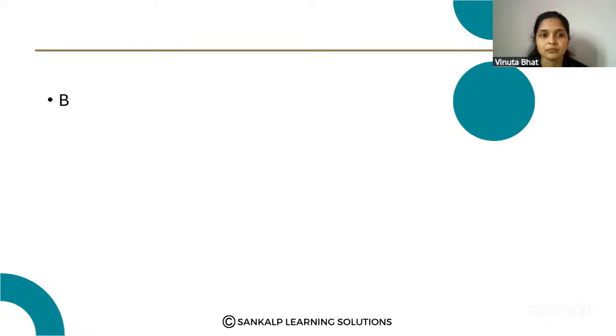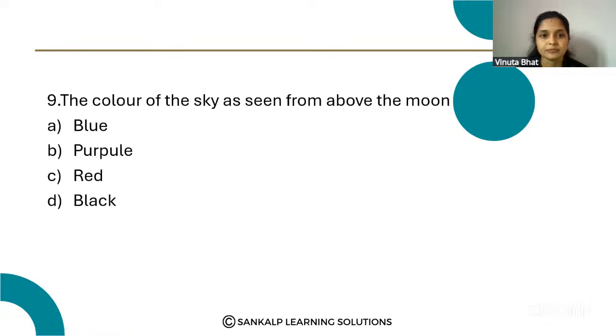Next question. The color of the sky as seen from above the moon. Option A blue, option B purple, option C red, option D black. If you observe the sky from the moon, it does not look blue, purple, or red or any other color. It looks black.